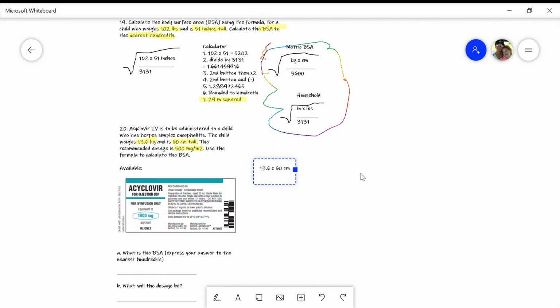And so we're going to multiply that and divide it by the 3,600. So 13.6 times 60 is going to give us 816, and divide that by 3,600. It's going to give us 0.2266666667, and then take the square root of that answer. And I got 0.476, so that's going to round to 0.48.